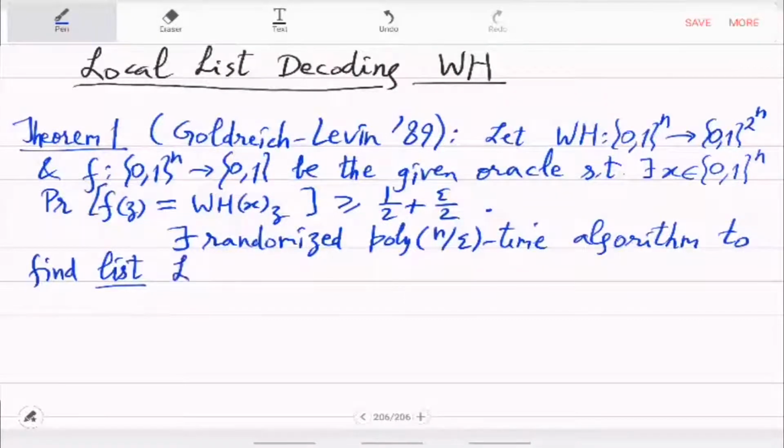The list is, corresponding to f, what x's are possible, such that the fractional Hamming distance of f from WH of x, this code word, is less.